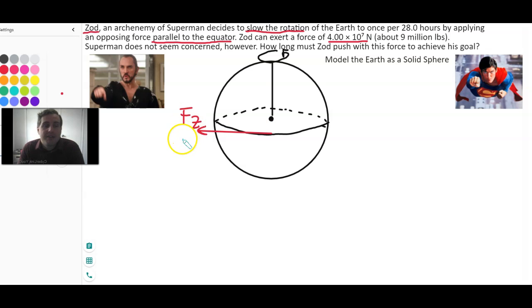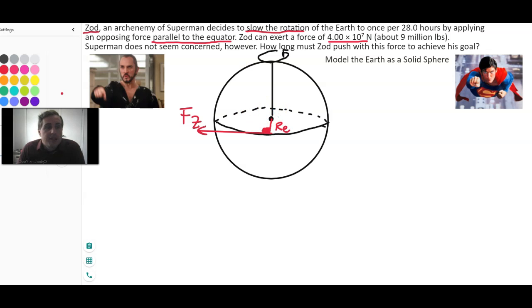So let's call that Fz for General Zod. That's the force that General Zod's pushing with. Let's also assume that it's exactly perpendicular to the radius of the Earth. So let this be the radius of the Earth, from the center out to the point where General Zod is pushing.